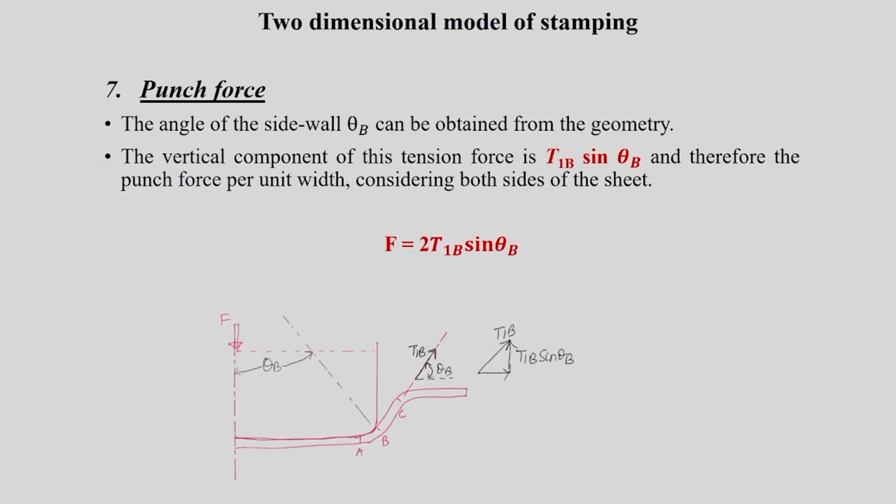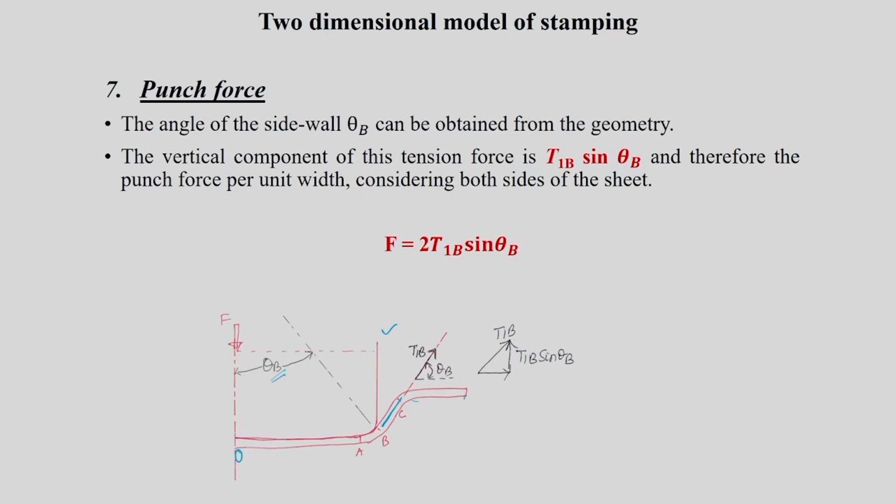For that, I am going to use this particular figure, which can be understood easily. It is the O location of the sheet. Then you have A, B, C, D, E, F, G coming in from here to here. My interest is between B and C, which is my cup wall region. Theta B can be obtained from the geometry of the deformation.